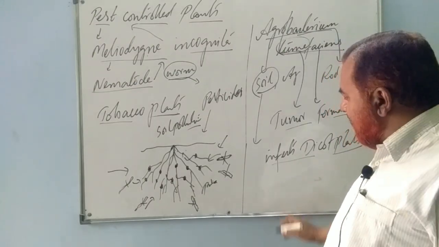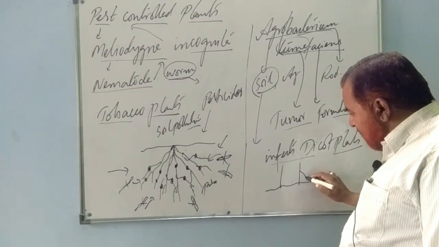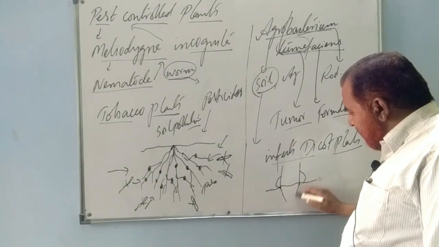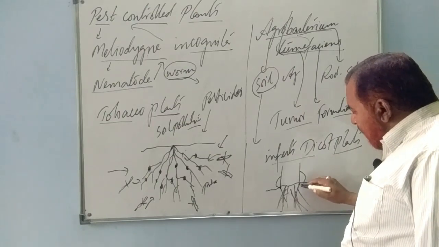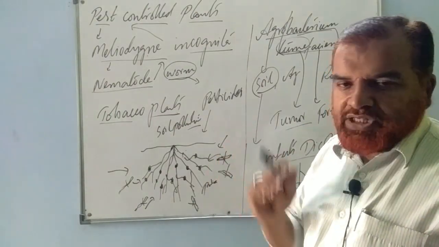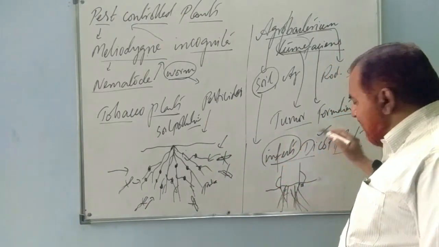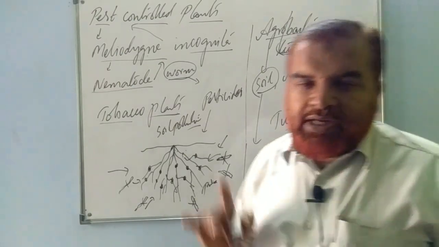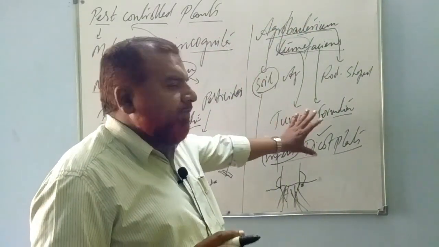When it infects the dicot plants around the stem region, clear? These are the roots, for example, right? This bacteria is found present in the soil, very close to the stem region, just below the soil. It infects. When this bacteria infects the dicot plants, it is a neat point. Do remember that Agrobacterium tumefaciens only infects the dicot plants.